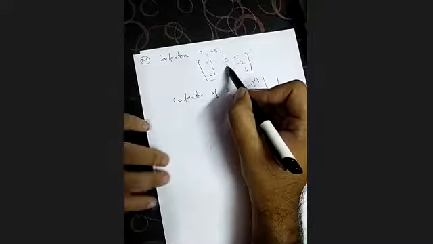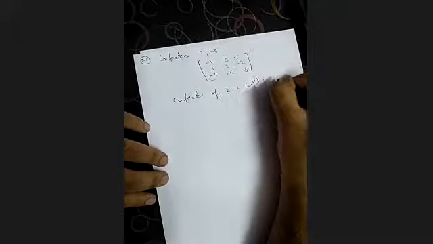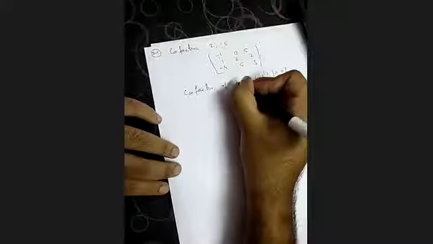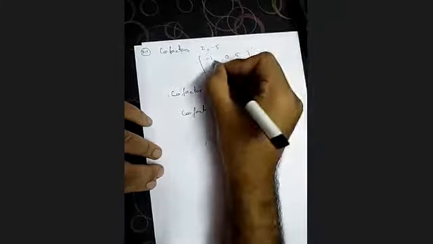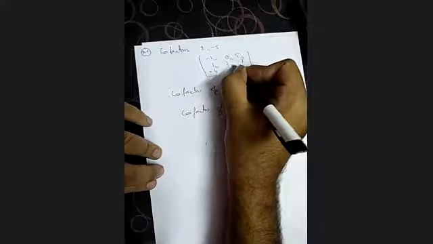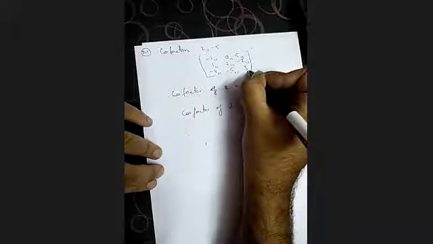So what is the minor? For the cofactor of 2, if you remove this row and this column, we will get the minor. The positions are 1 1, 1 2, 1 3, 2 1, 2 2, 2 3, 3 1, 3 2, 3 3.